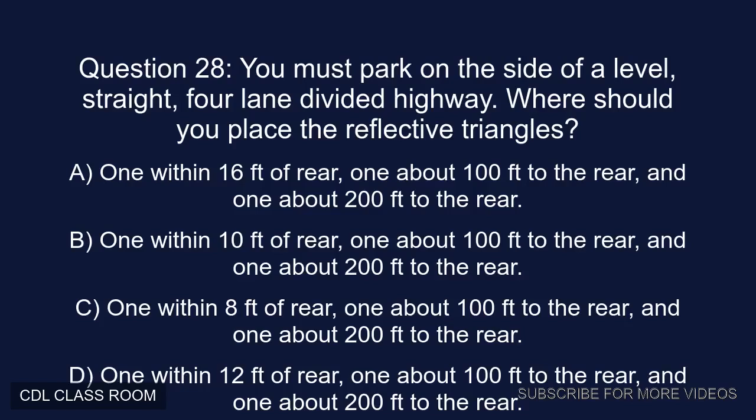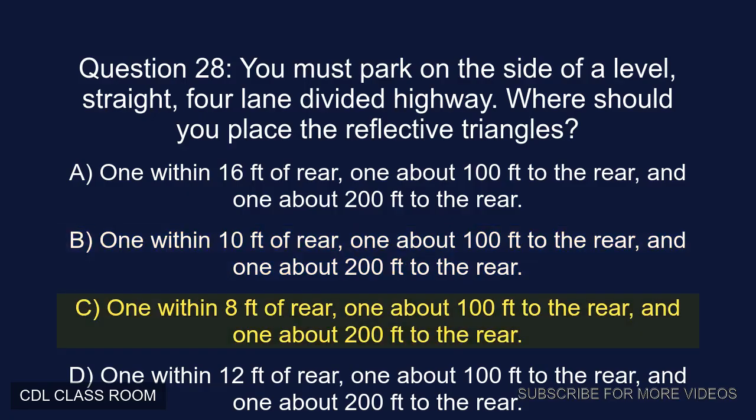Question 28. You must park on the side of a level, straight, four-lane-divided highway. Where should you place the reflective triangles? A. One within 16 feet of rear, one about 100 feet to the rear, and one about 200 feet to the rear. B. One within 10 feet of rear, one about 100 feet to the rear, and one about 200 feet to the rear.